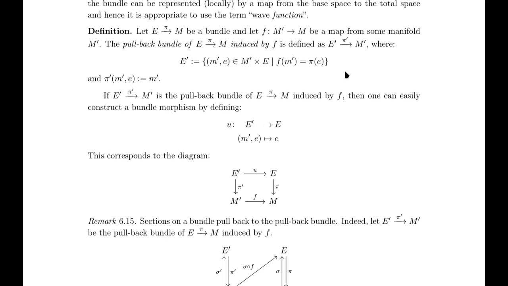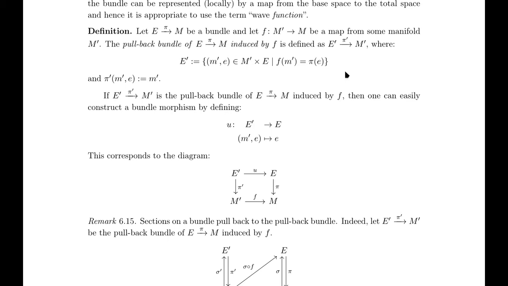What it does is it takes this map that you have from M prime to M, and says, okay, we'll have another E prime where we take pairs (m prime, e) in the Cartesian product of M prime cross E, and the condition is that all of these little m primes get mapped to the same place as e over the projection map.